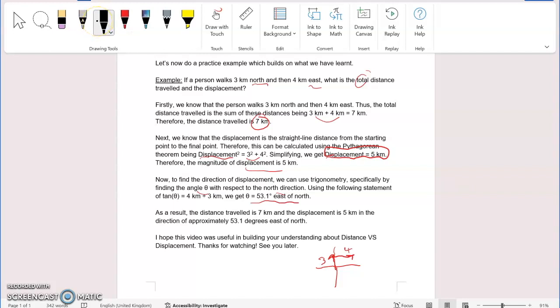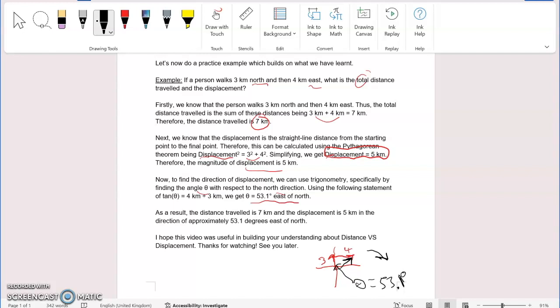forming, where the resultant is given by the black vector. So once we use SOHCAHTOA, where in this case the ratio will be tan, we find this angle in here, theta, to be 53.1 degrees, going east, towards the east this way, of north, from north.